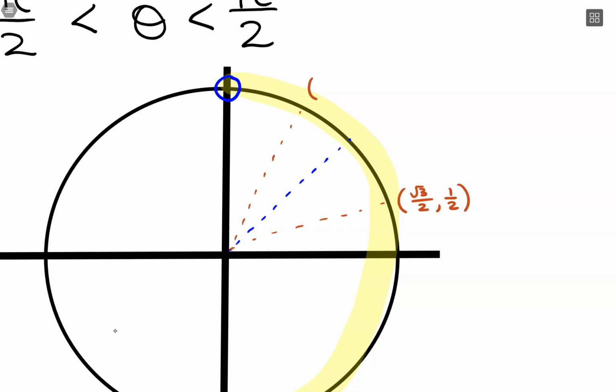And at pi over 3, I just switch those. And at pi over 4, I have root 2 over 2, root 2 over 2. So what I want to do here is just get an idea of what kind of values can show up for tangent. In fact, I'm going to throw in one more possibility right here at the angle measurement of 0.